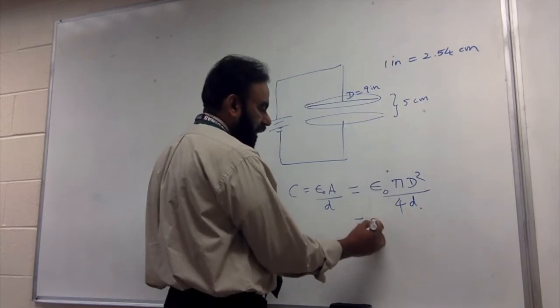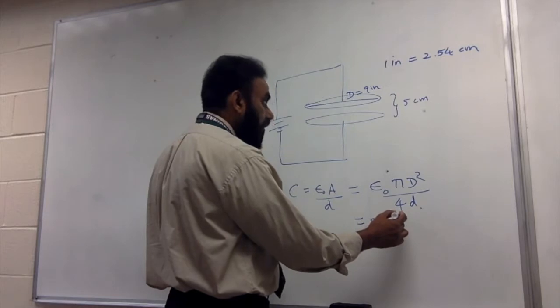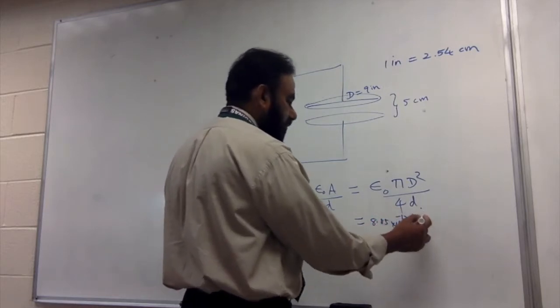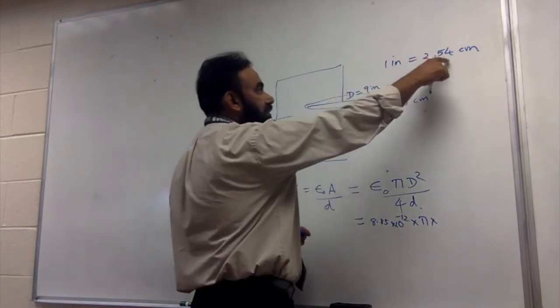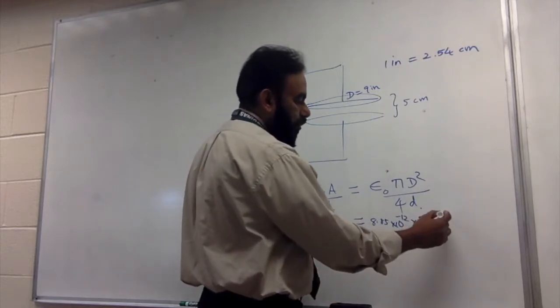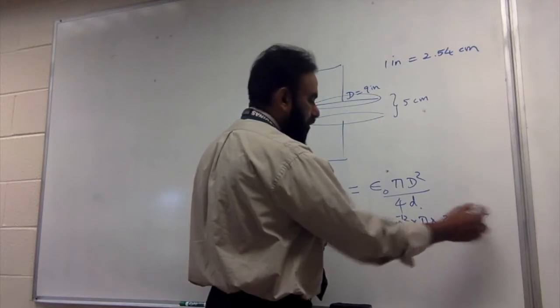Now substituting: 8.85 times 10 to the power of negative 12 times pi times 9 inch converted to centimeters. What is 9 times 2.54? 22.6 times 10 to the power of negative 2, squared.